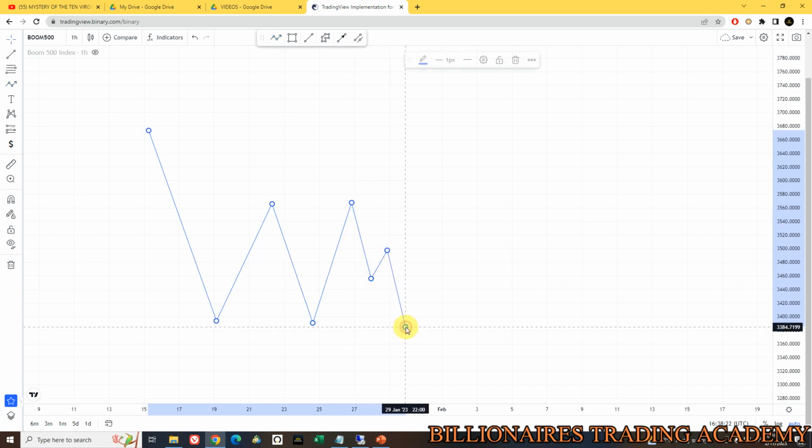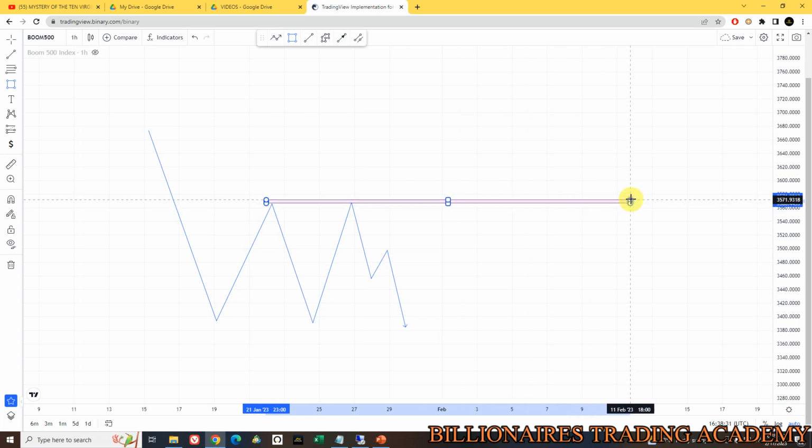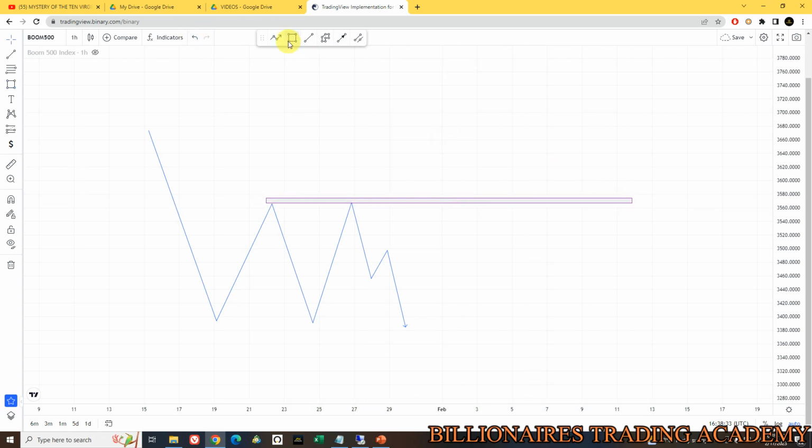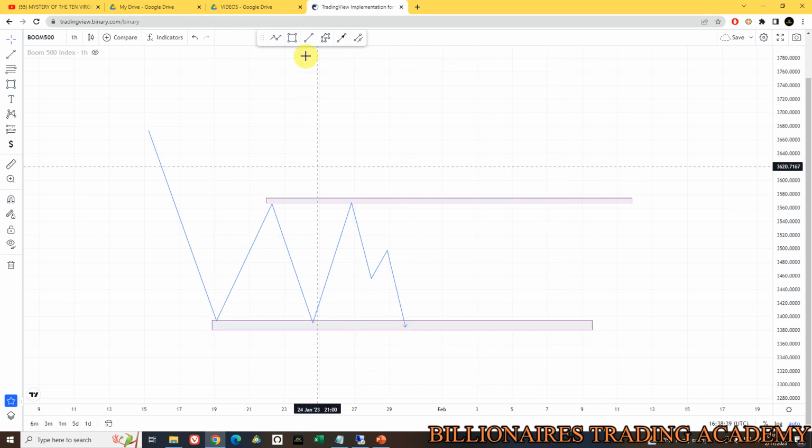All right. So let's say price has moved like this. Once you have 2 points, you mark this as your zone. And then at the bottom, you have 1, 2, 3 points. This becomes your zone, right?